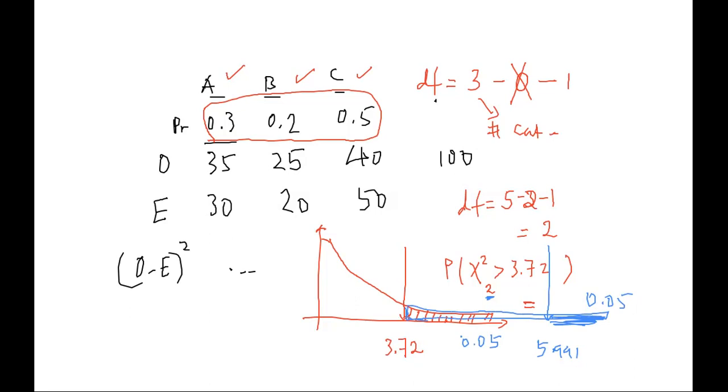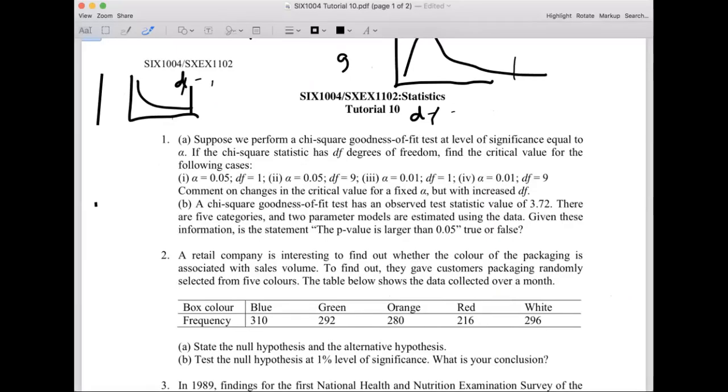Now you are starting at 3.72, so your piece is actually larger than 5%. So therefore, the statement that's given here is true. This is how you decide.